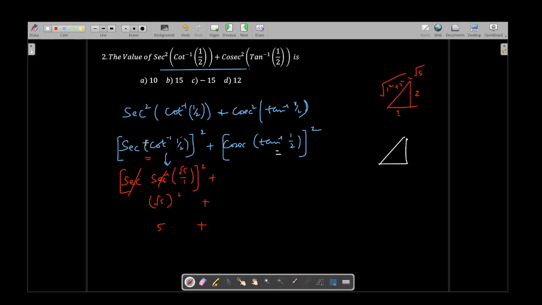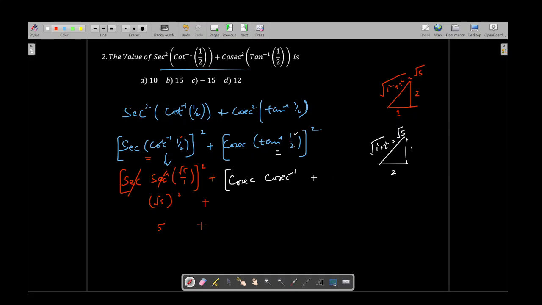Now I'll take this triangle here. Tan inverse of half: tan is opposite 1, adjacent 2. Then the hypotenuse will again be root of 1 square plus 2 square, which is square root of 5. I have to write cosecant inverse to cancel cosecant and cosecant inverse.